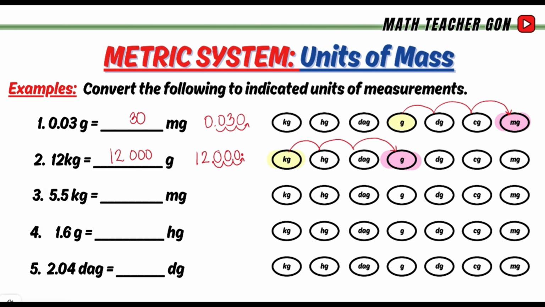Next, 5.5 kilograms. So let's highlight milligrams. So let's count how many units from kilograms to milligrams. 1, 2, 3, 4, 5, 6. So 5.5 and then 6 units to the right from the decimal. 1, 2, 3, 4, 5, and 6.